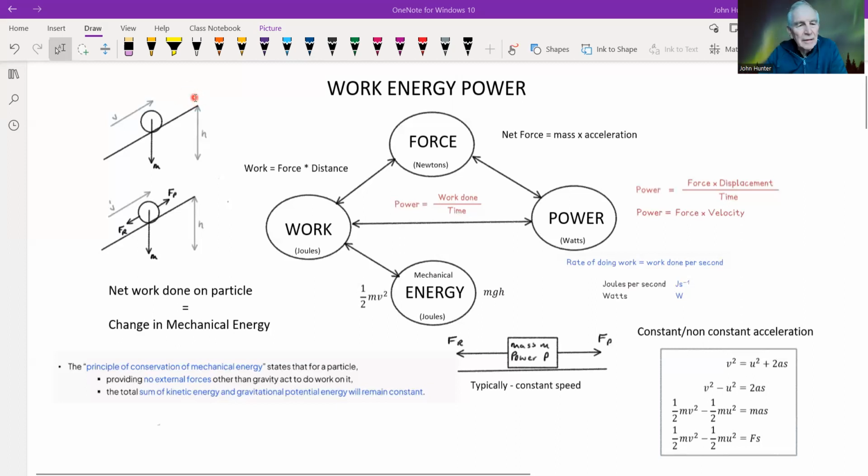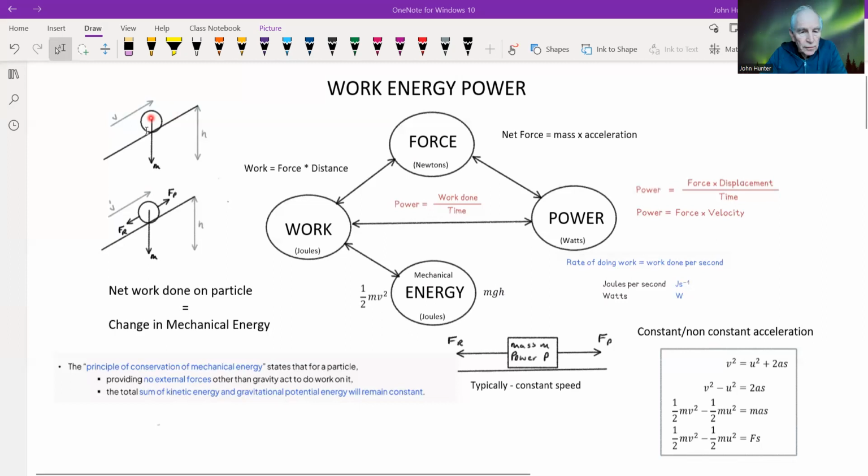Then if it's allowed to roll back, at the halfway point we have a mixture of potential energy and kinetic energy, and by the time we get to the bottom, we'll have used up all the potential energy in creating the velocity, and therefore the kinetic energy. So the top is all potential energy, the bottom is all kinetic energy, and somewhere in the middle is a combination of the two.